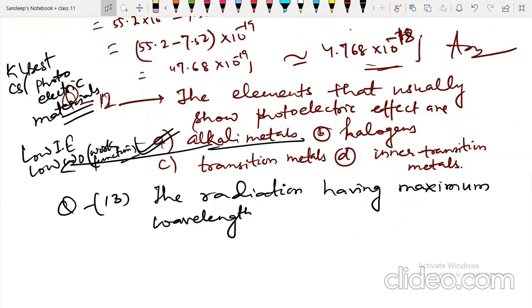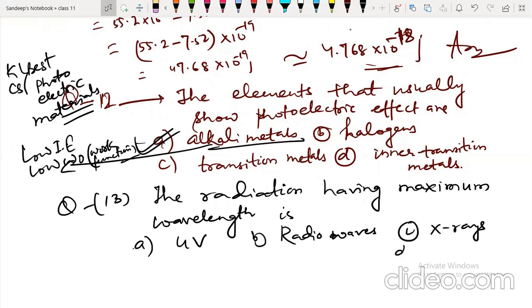The radiation having maximum wavelength is: UV, radio waves, X-rays, D, infrared rays. Tell me. Radio. Yes, write down.